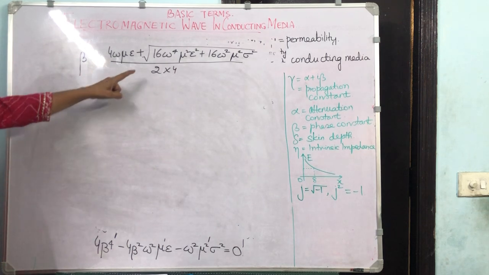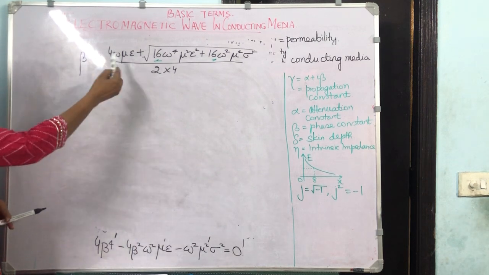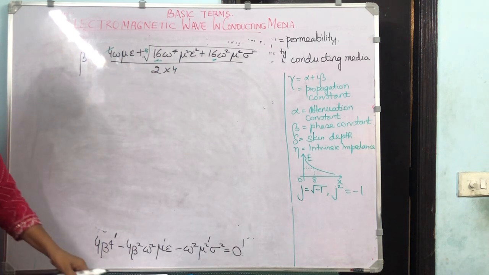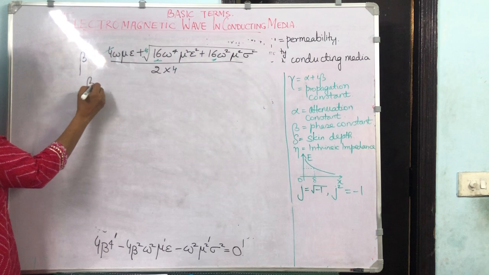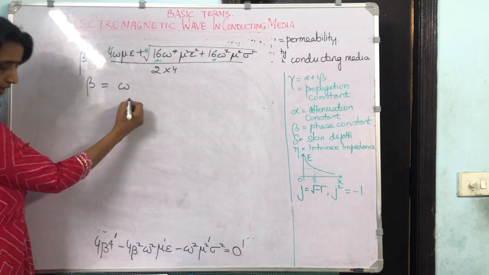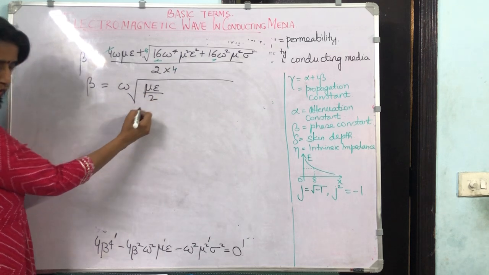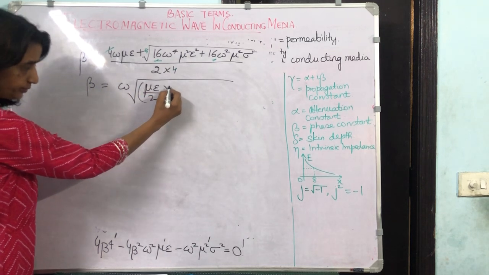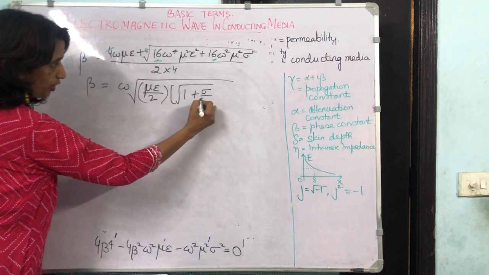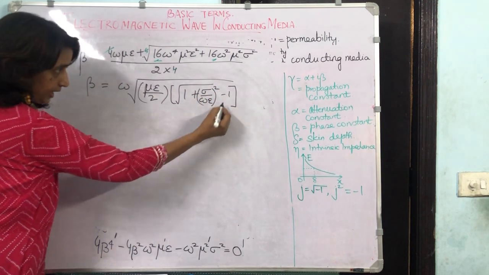Now we will solve this further. See, 16 and 16, 4 fours are 16, it is taken out. So this 4 here and this will get cancelled, and finally we will be left with beta, that is phase constant, equal to omega into under root mu epsilon by 2 into under root 1 plus sigma upon omega epsilon whole squared, plus 1.